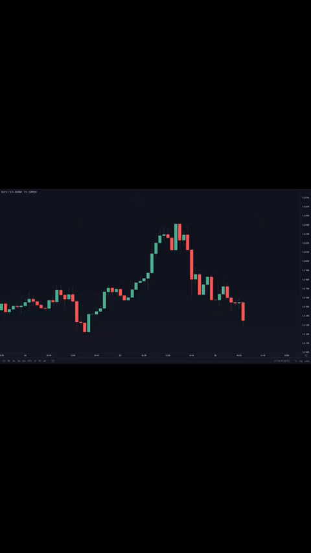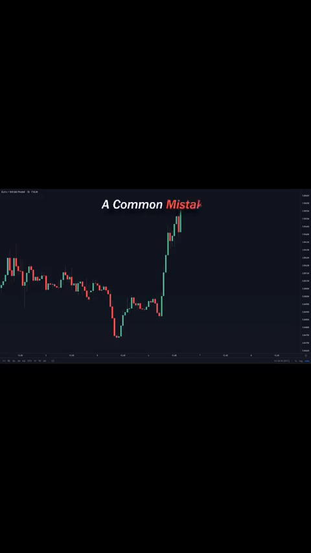So first, let's start with the basics. What is a reversal? A reversal simply means a change of trend direction. Like in this example, we have an uptrend that switches to a downtrend, then you got yourself a reversal. Simple. Now, a common mistake that traders make is they think that because the price has gone too high, then it's automatically going to reverse.